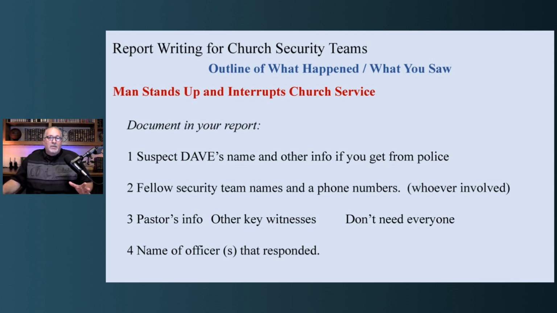Obviously, we're not going to document everybody in the auditorium, but I think some key people, if you had a worship leader on the stage and the pastor was on the stage, or by the time you got in there, there was somebody else already standing up there with the guy, write that stuff down. And certainly the names of the officers that responded as well. That's great information, and if there's a case number, document that.